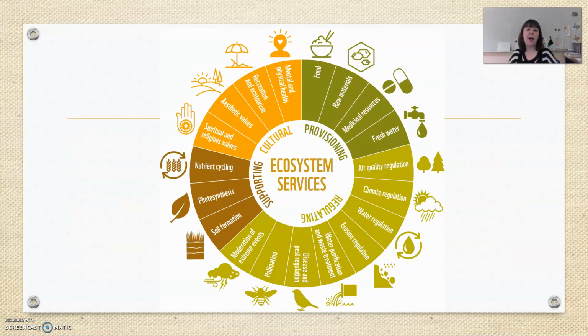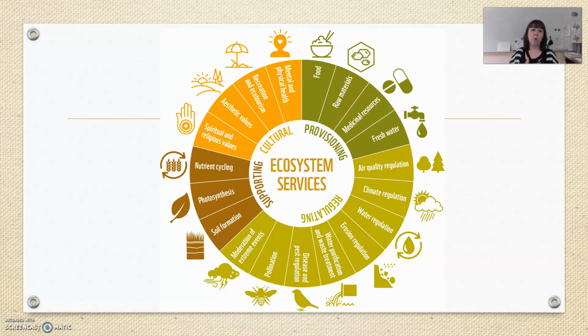That's nice. When we look at all the services that the ecology provides to us, we have this system of ecosystem services, whether it's, you can see in the top right, provisioning, which is things that are provided to us, cultural, which is things that we get out of a diverse ecosystem, recreation, spiritual and religious values, mental and physical health.